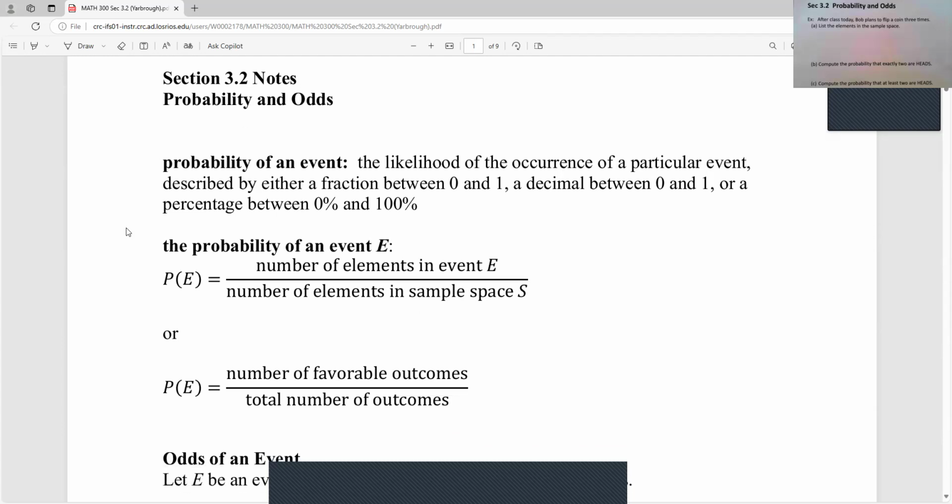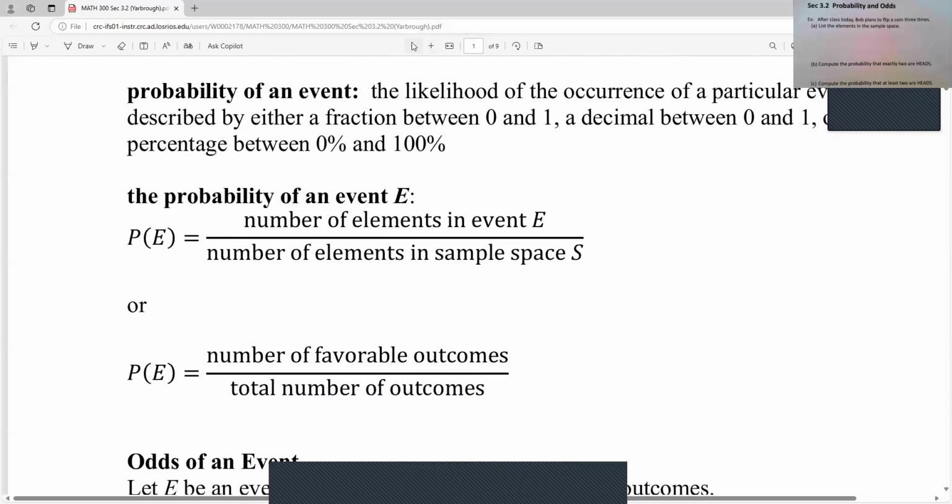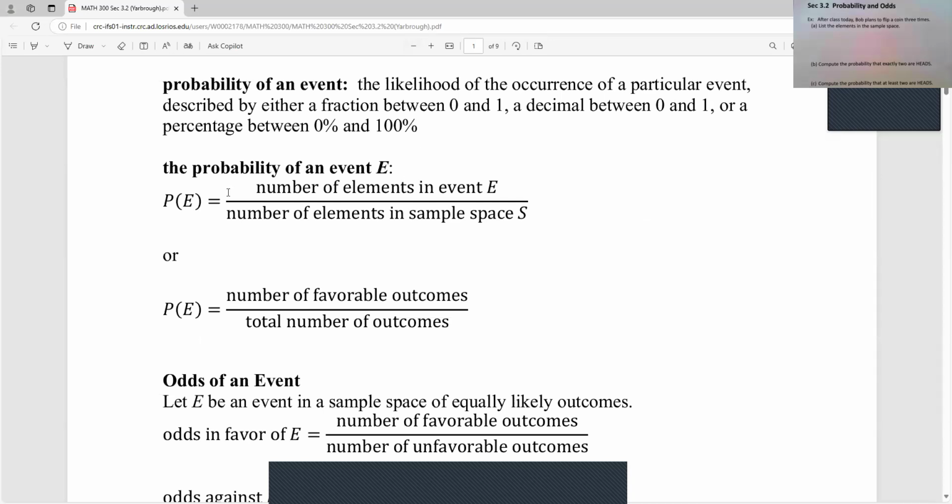You can think of the definition of probability in two different ways here. One of them being the number of elements in the event that we are trying to find the probability of over the number of elements in the sample space.